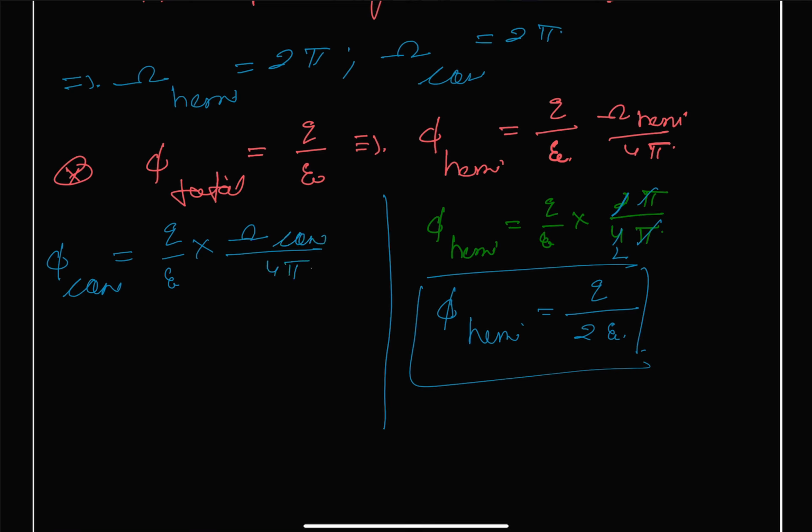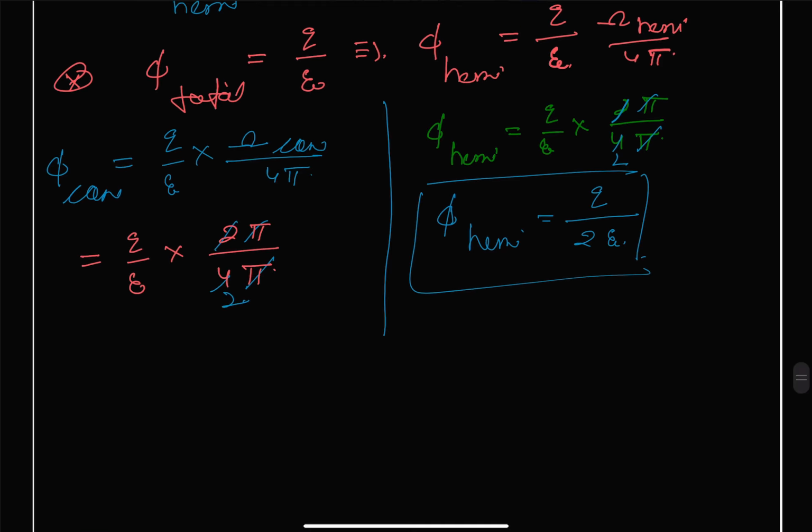So we get Q upon epsilon naught times 2 pi divided by 4 pi. Pi cancels and this goes by 2. Therefore the flux through the cone will be equal to Q upon 2 epsilon naught.